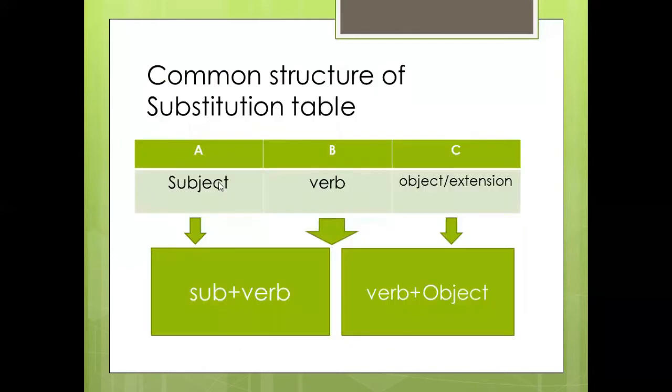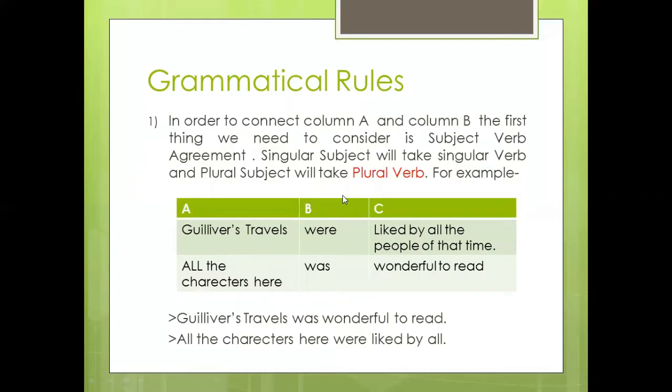That means if in column A there is a singular subject, you have to connect it with a singular verb of column B. And if there is a plural subject in column A, you have to connect with a plural verb in column B.